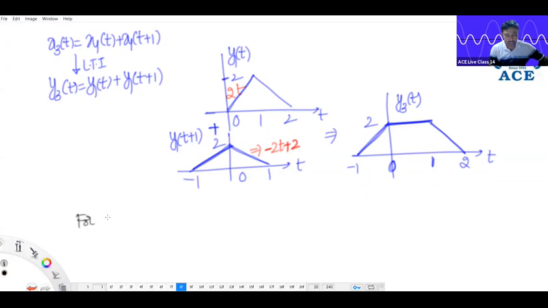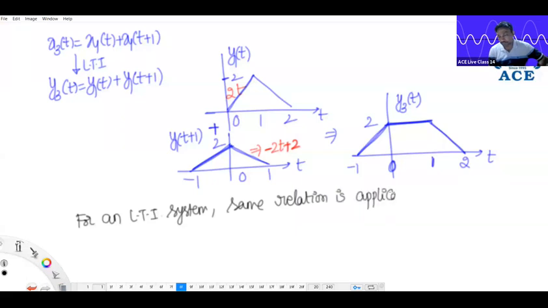So for an LTI system, the same relation is applicable for input and output. Whatever happens to input, the same thing happens to output. The same relation holds good for input and output.